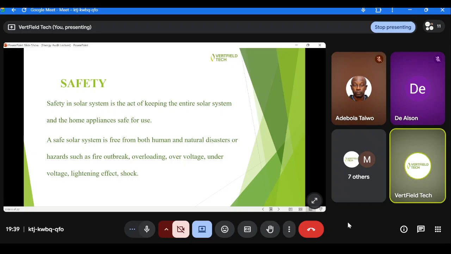Okay, so when that energy is being released and your system is not protected enough, it does not have the right protective devices, or even if it has the right protective devices, those protective devices are not sized the right way, definitely the system would crash. So even if it has the safety tools and gadgets, but they are not sized the right way, there is no protection.